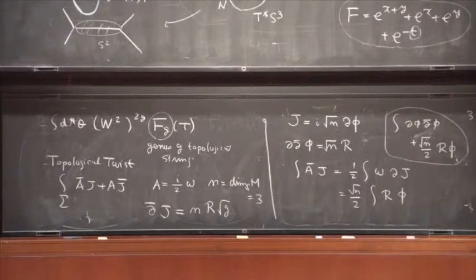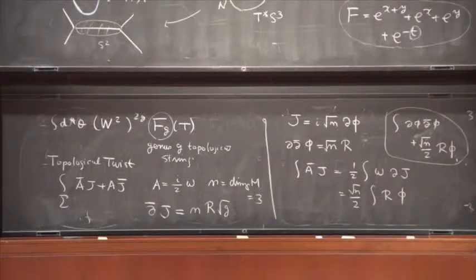Now, if you have a genus G Riemann surface, we know that if you integrate the scalar curvature, it should give you the Euler characteristic of the genus G surface, which is equal to 2 minus 2G. Since we are talking about conformal field theory, the actual choice of local metric does not matter, so you can choose a metric as you please, provided that the complex structure and these topological characteristics are not modified.